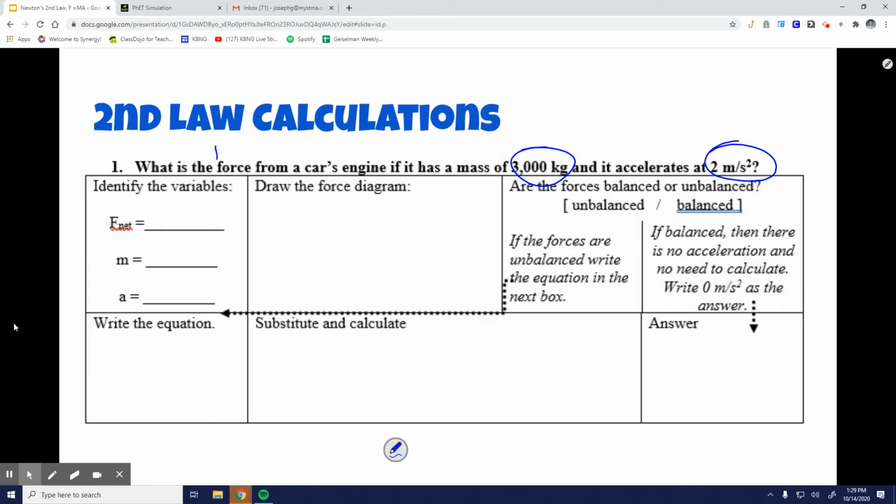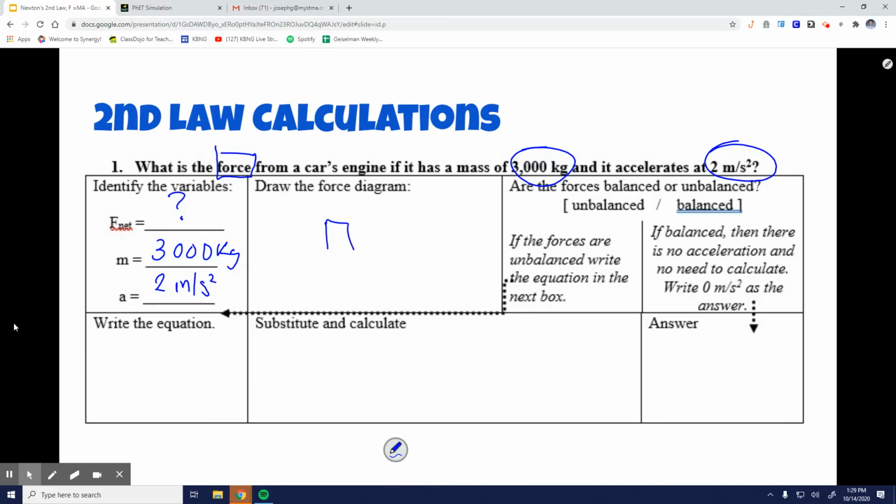Obviously, it tells us exactly what we're looking for right away. What is the force? So we put a question mark there in our problem because we don't know that. It tells us our mass of 3,000 kilograms, and it tells us our acceleration of 2 meters per second squared.